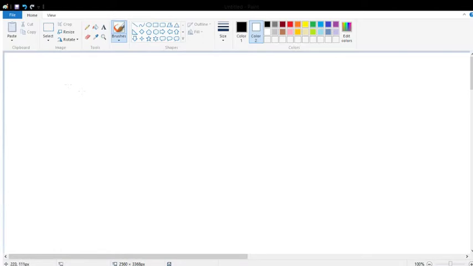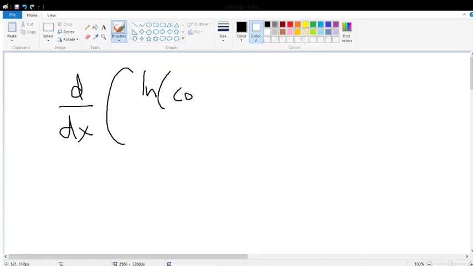So let's take the derivative with respect to x of natural log of cosine of sine of 3x. I'm not going to make it too complicated. I just remember the last time I did this it took forever already.